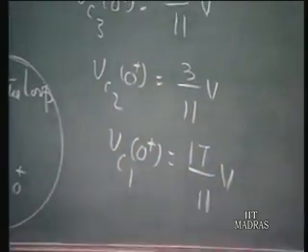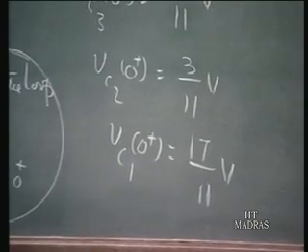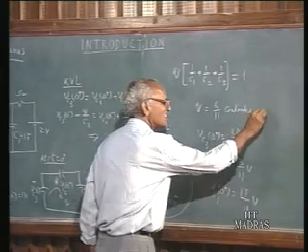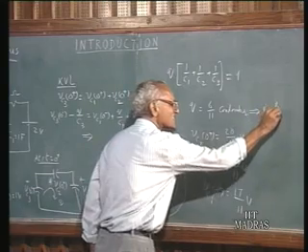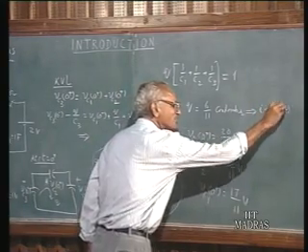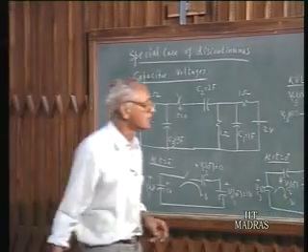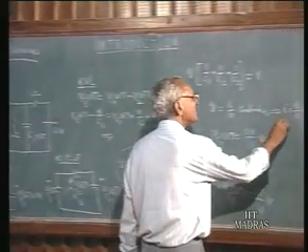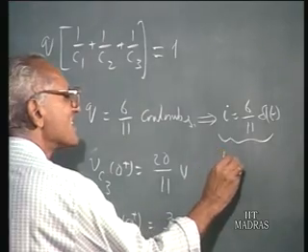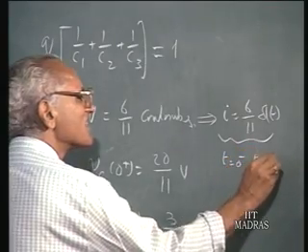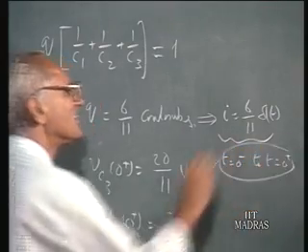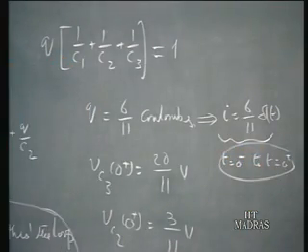So the capacitor voltage has indeed jumped, and this represents an impulse current of 6 upon 11 delta(t). This is the description of the current in the interval t equals 0- to t equals 0+. All the components of the currents which are finite we have ignored.